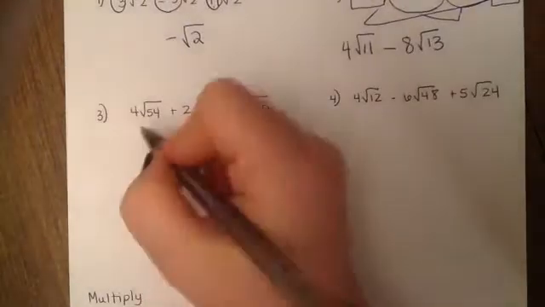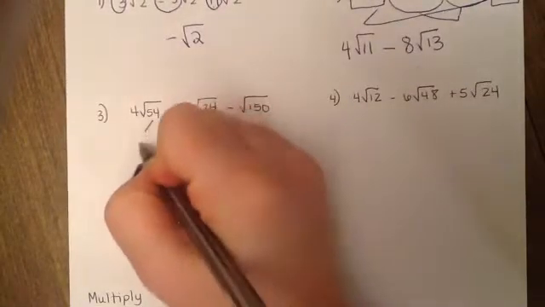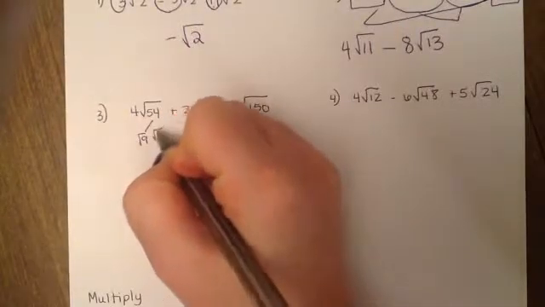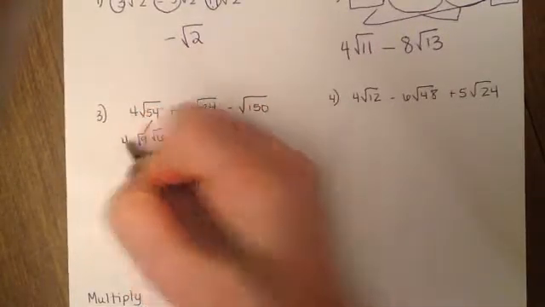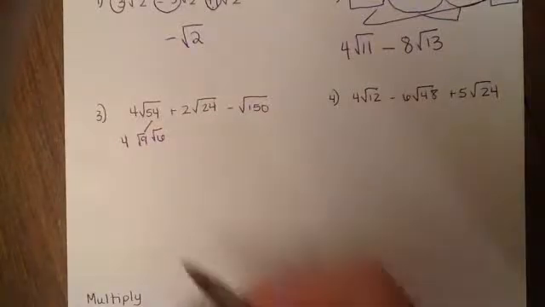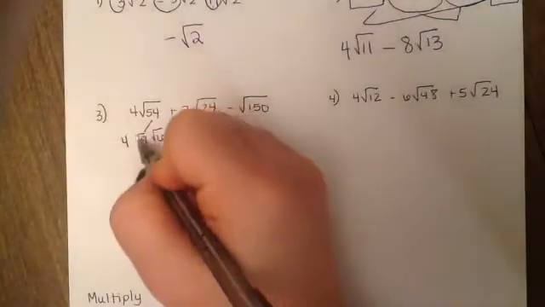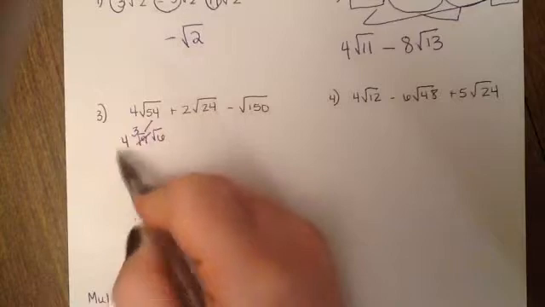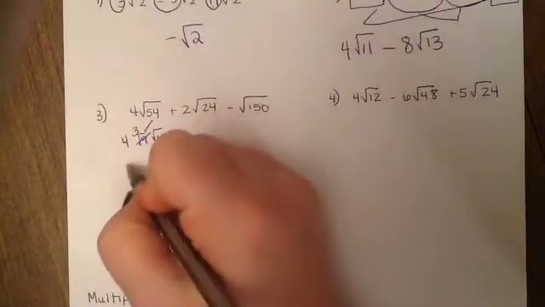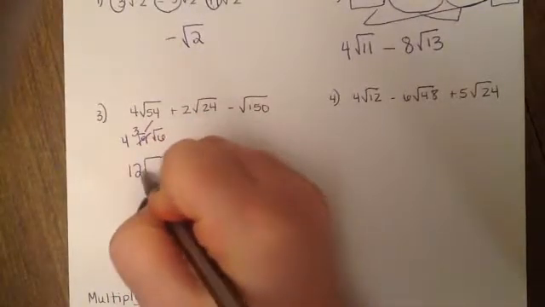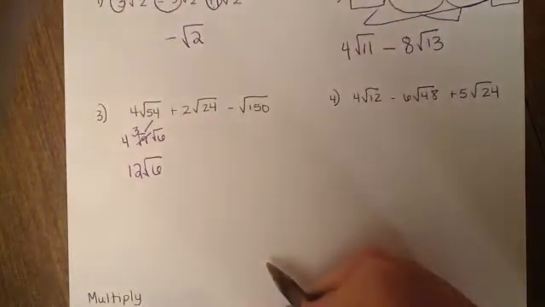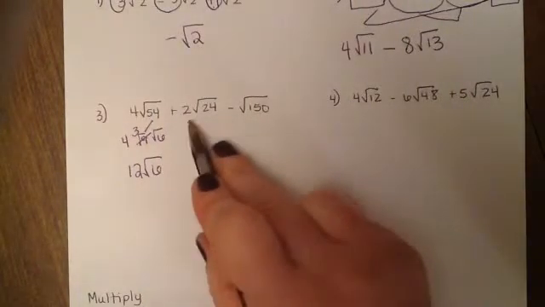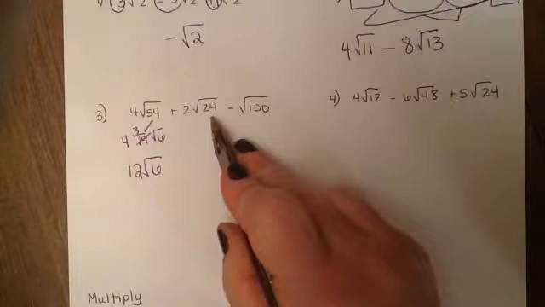So I'm going to break up root 54 as root 9 and root 6. Don't forget the 4 out front. What is the square root of 9? 3. 4 times 3, 12 root 6.